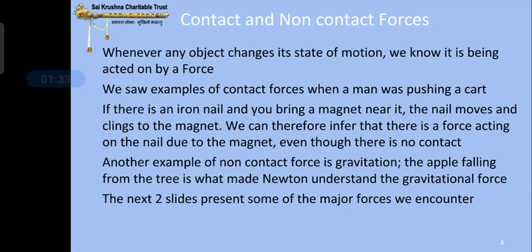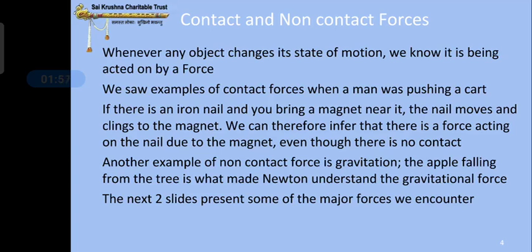Right? If there is an iron nail and you bring a magnet near it, the nail moves and clings to the magnet. Here you are not making that iron nail touch the magnet. If you keep it at some distance also, it clings to the magnet. So we can infer that there is a force acting on the nail due to the magnet even though there is no contact.